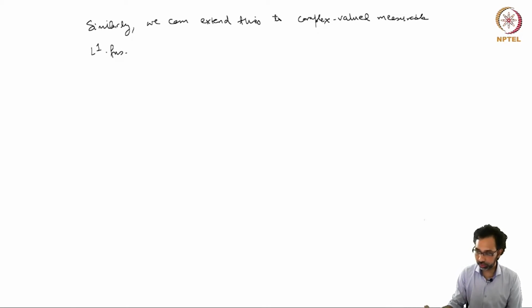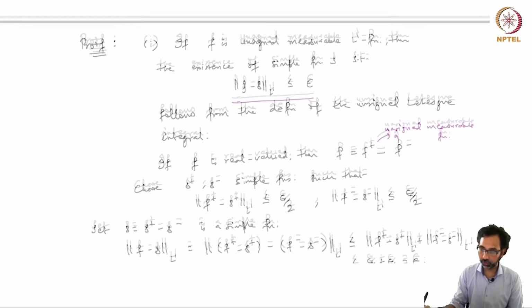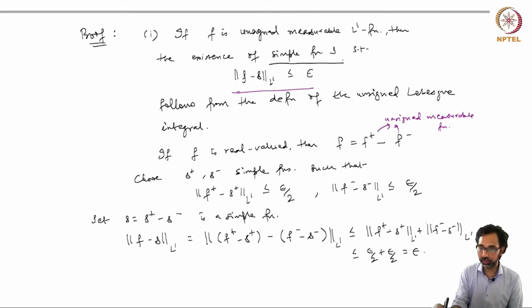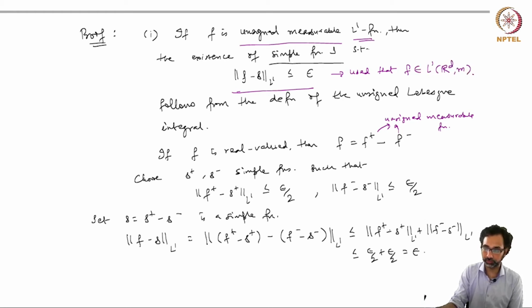So notice that even for the existence of the simple function for the unsigned measurable case, we need an L1 function, because we need the Lebesgue integral to be finite in order to write this inequality, the L1 norm of f minus s less than or equal to epsilon. So here we have used that f is an L1 function.